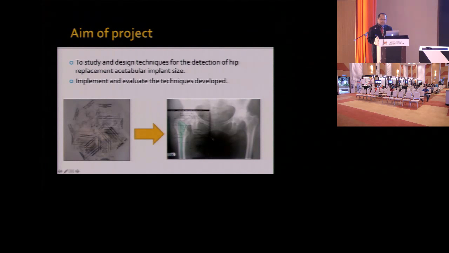This is a bit tedious and sometimes may not be that accurate, because you must remember that the X-rays may sometimes be magnified, depending on the distance of the patient to the receptor. So sometimes when they open, the size is not appropriate, and they have to replace it with another size.